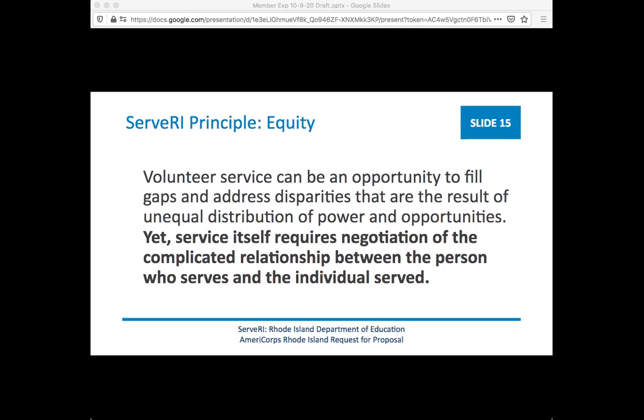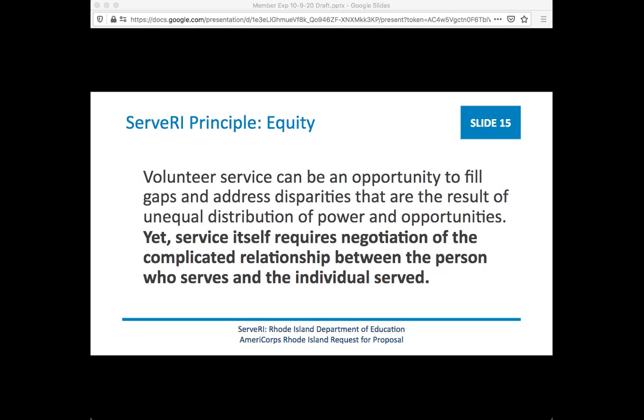Okay, we're going to jump to another sidebar here. This is another ServeRI principle, and that's equity. Again, thinking about this member and their needs, it's hard being a member and being in service. There's a negotiation that happens between the member and the community they're serving: what's my role? Am I welcomed here?